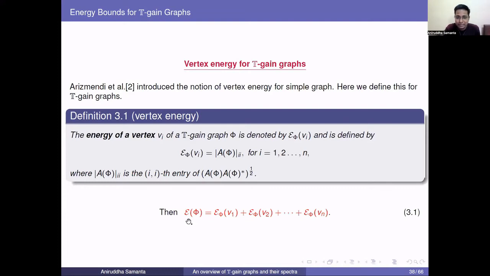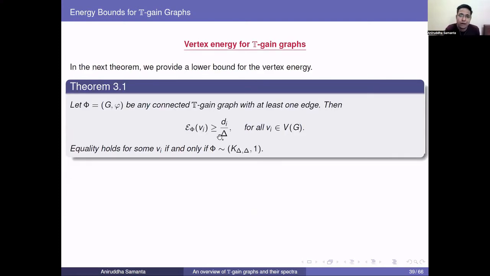Then we can easily see that the energy of the original T-gain graph phi can be expressed as the sum of the energies of its vertices. So we first get a bound on the energy of its vertices, and from there we get a nice energy bound for the graph phi.